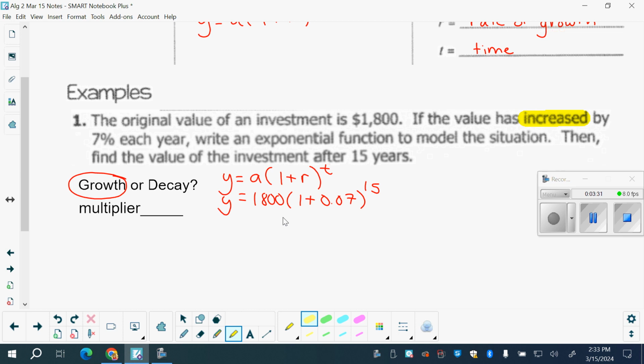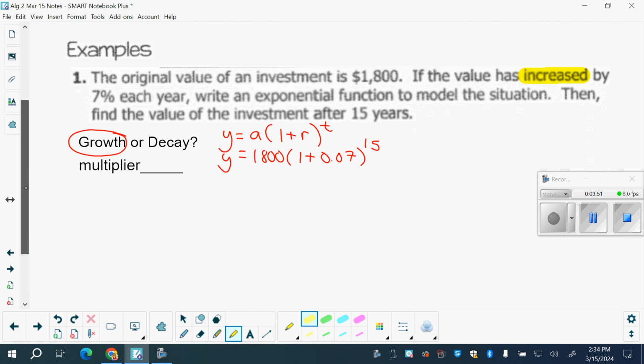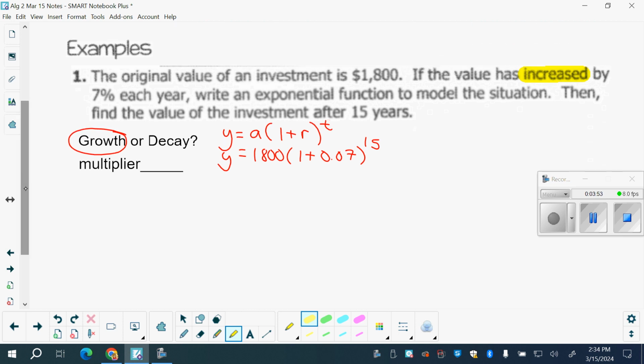Could we just put this in our calculator? Yeah, so just put it in our calculator. What do we get for an answer?